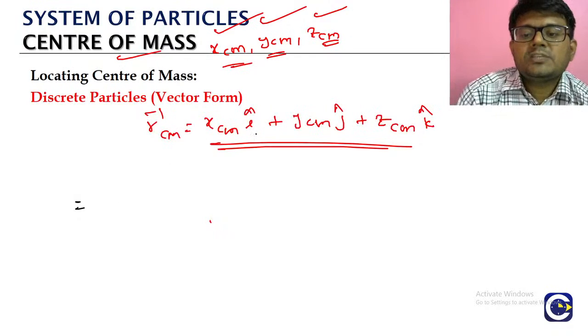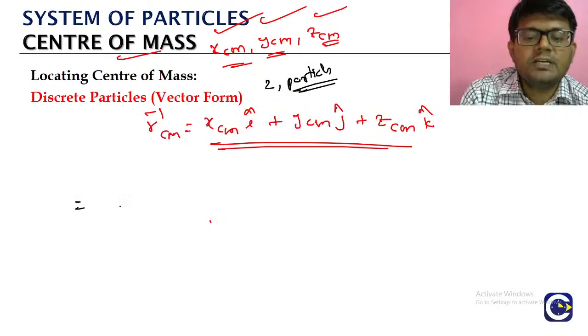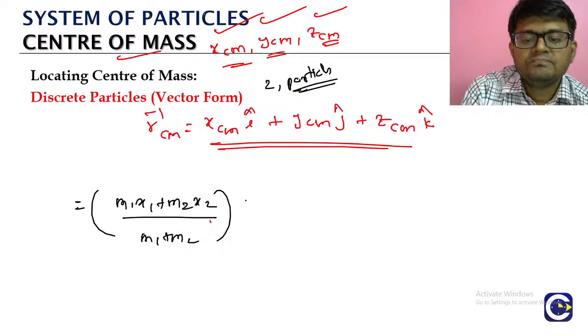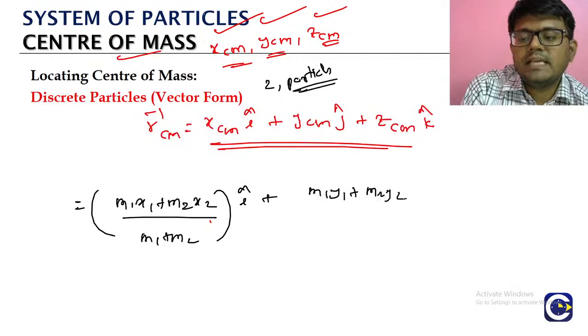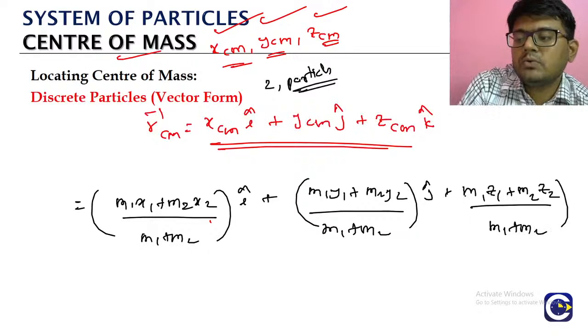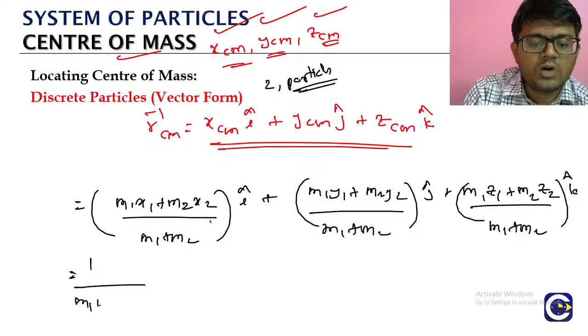So here x center of mass means what? Let us say we are having two particles. Okay, x center of mass means m1x1 plus m2x2 divided by m1 plus m2, into i. Then m1y1 plus m2y2 by m1 plus m2, into j. Then what else we have? m1z1 plus m2z2 by m1 plus m2, into k. So what we'll do is first we'll take out this m1 plus m2 common.